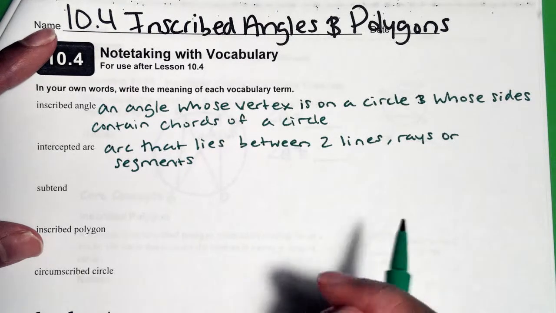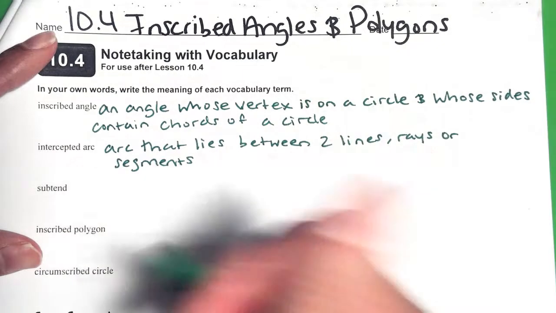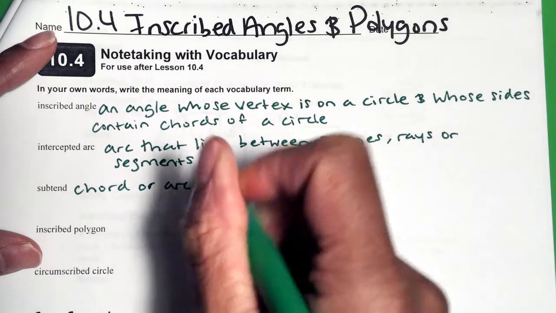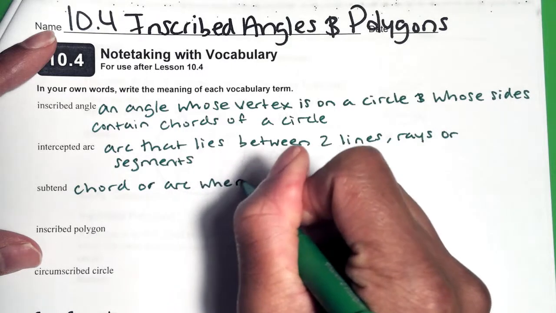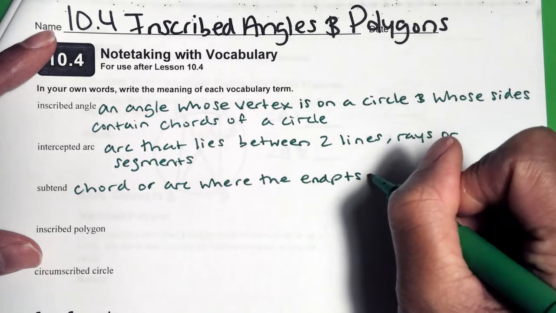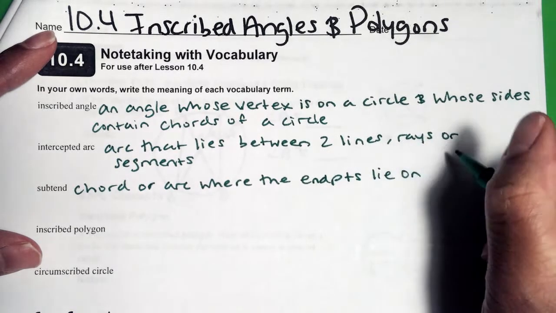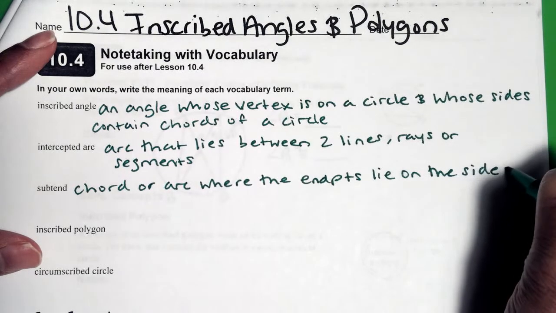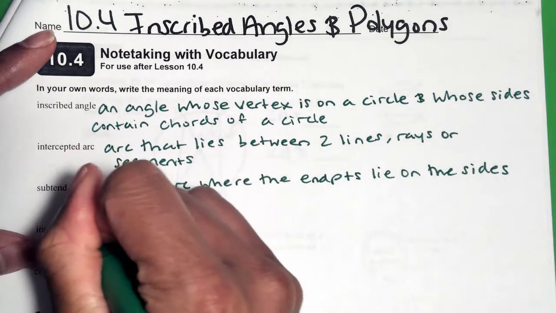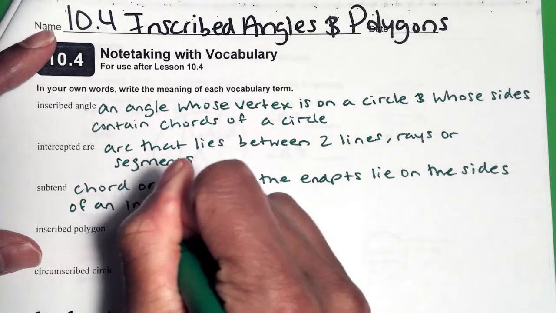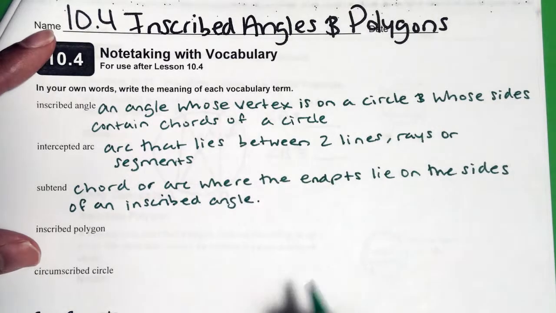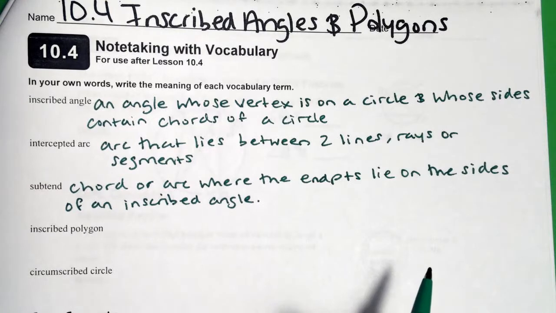Then we're going to talk about a subtend, and a subtend is kind of like a chord or an arc, so chord or arc where the endpoints lie on the sides of an inscribed angle. So that is a subtend, and we're going to visually see what these definitions are towards the bottom.